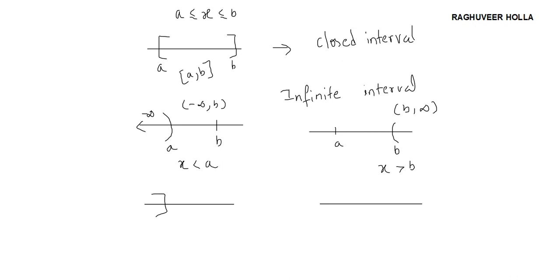So this is A, and this is the point B on the real line, and this is (minus infinity, A], which is closed.